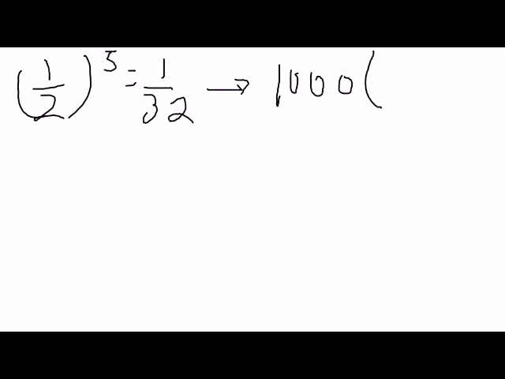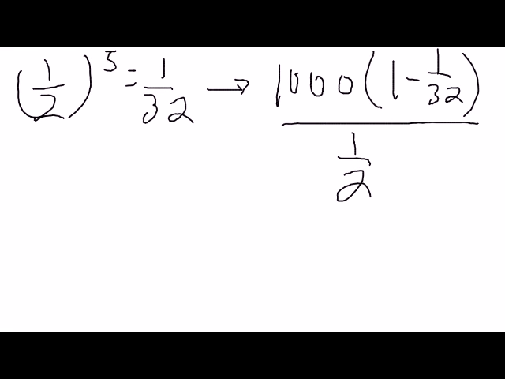So you have 1,000 times 1 minus 1/32, all over 1 minus 1/2, which is 1/2. You can just use 0.5, or multiply by 2, either way.